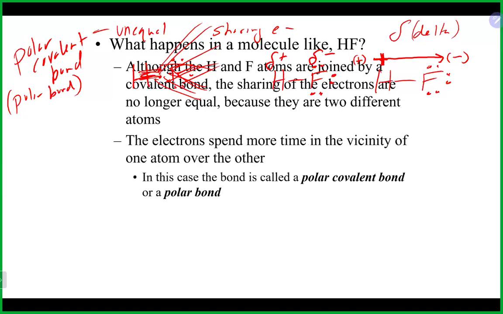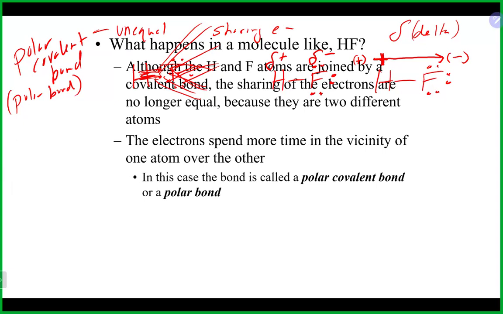So again, this is a polar covalent bond, unequal sharing of electrons. And again, we could represent that with that arrow there, which is our dipole arrow. What we're talking about here is bond polarity, and this is what is known as a polar bond. And again, it is really a polar covalent bond, but most people just call it a polar bond.